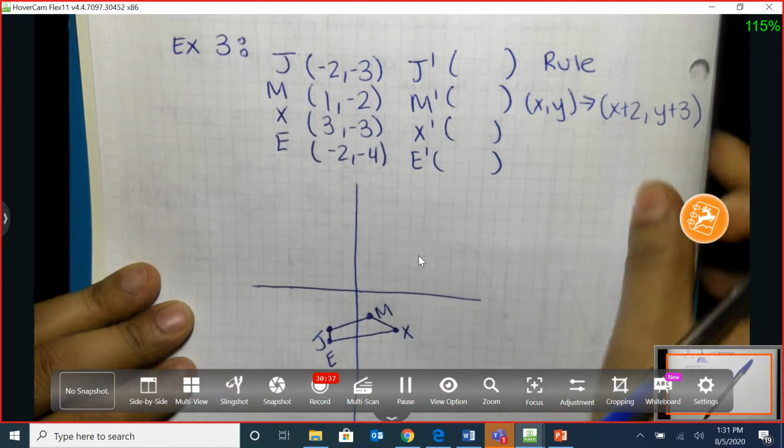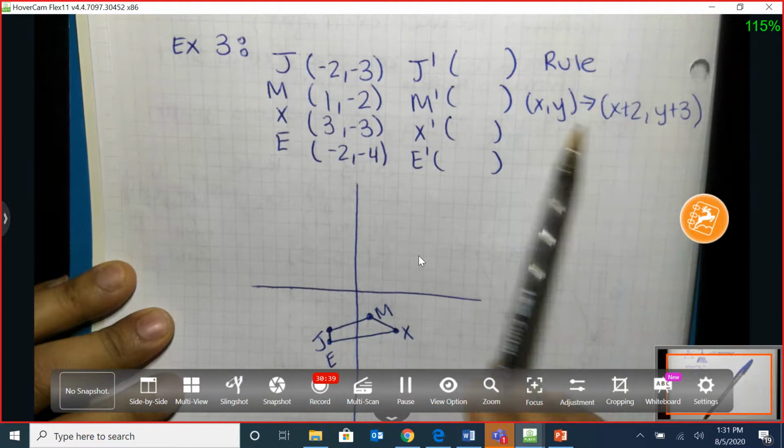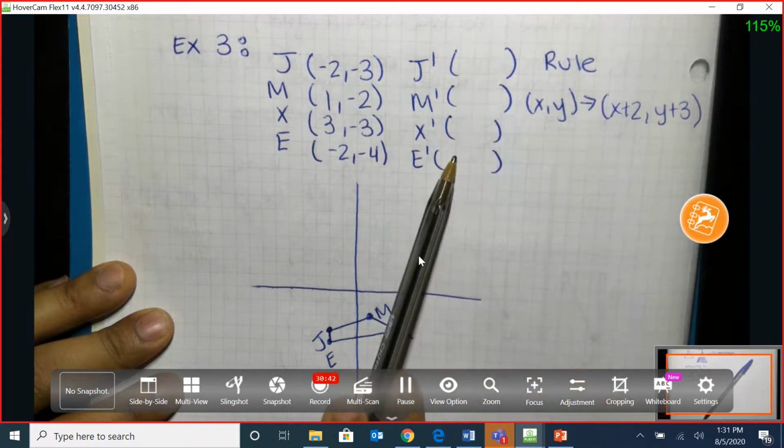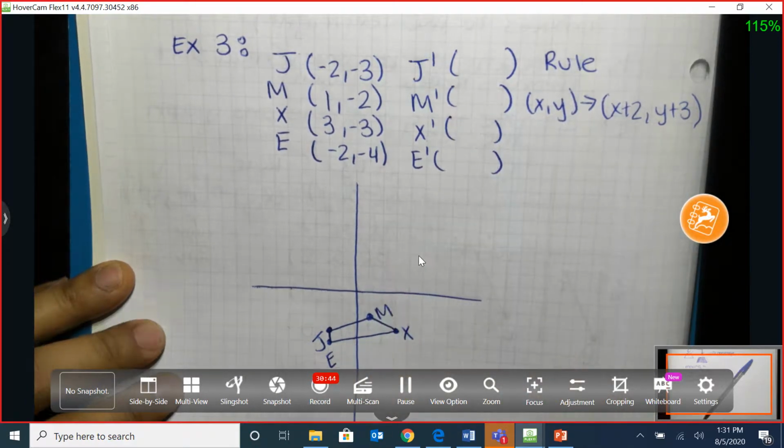So there's the original image. Now it is your turn to use the rule and give me the new points as well as the new graph.